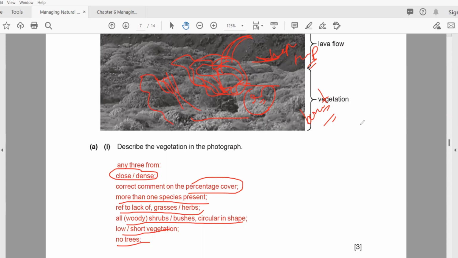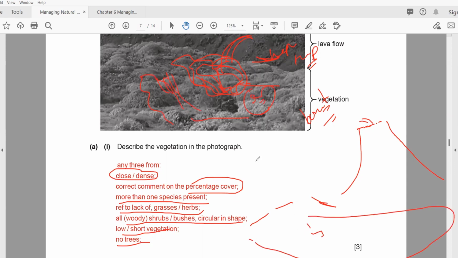So in the exam, if the question comes, for example, they give you another diagram and tell you this is the volcano and here the lava stopped. What do you think about the vegetation in this nearby area? So you can say that vegetation can be close, can be dense, but not much grass, and not high like the trees; you'll only find bushes like this.